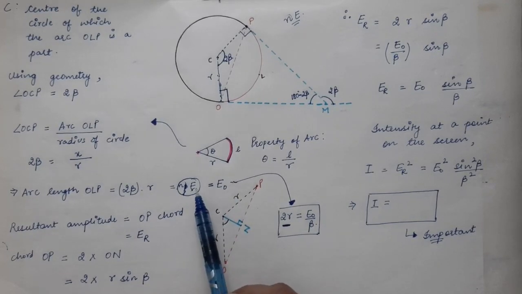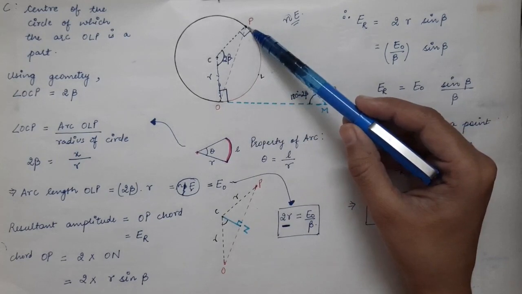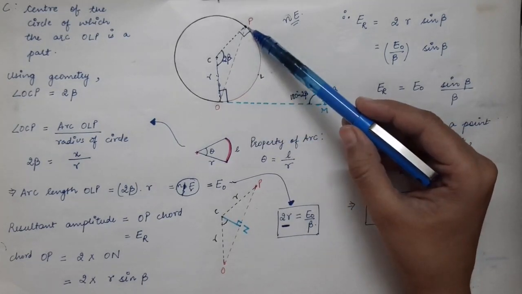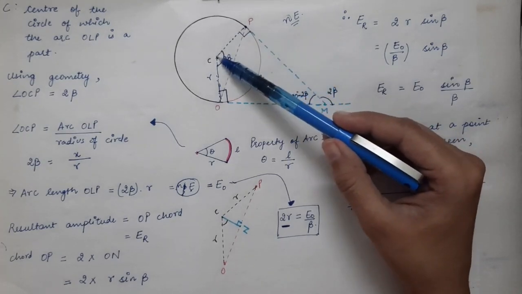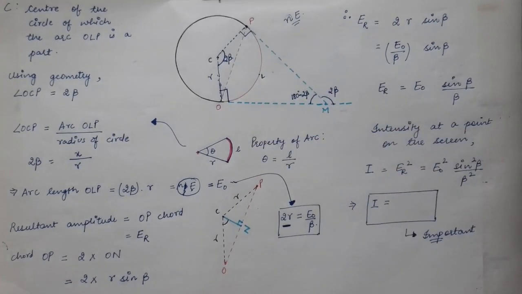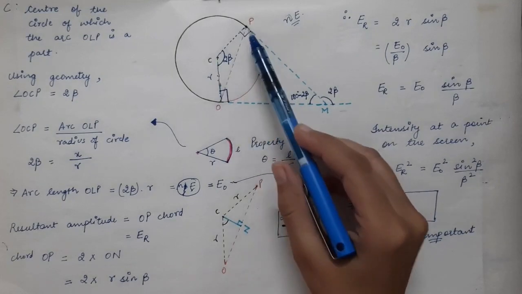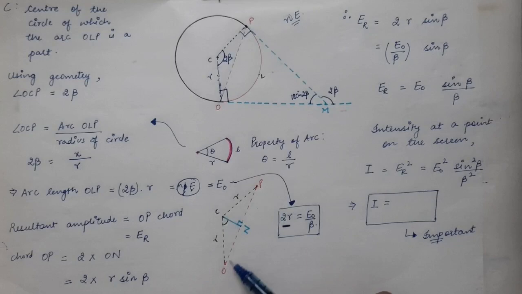Now what we had to find is the length of the chord. The main task of the article is to find the length of this chord OP. To find the length of this chord, we will use this triangle which is made inside the circle. This triangle I have drawn over here.